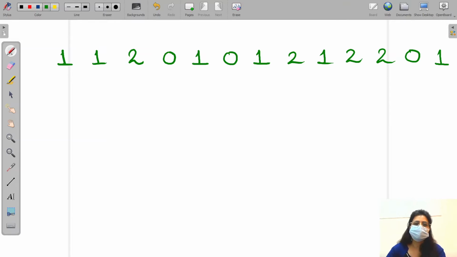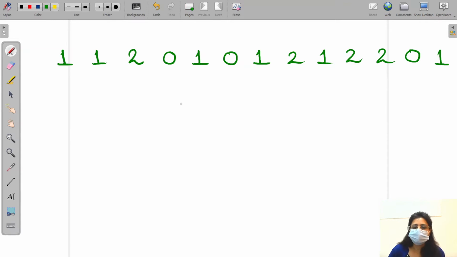I hope you have tried the question on your own. Now let's discuss its approach. Let's suppose this is the given array, and we have to find the longest subarray with equal number of zeros, ones, and twos.